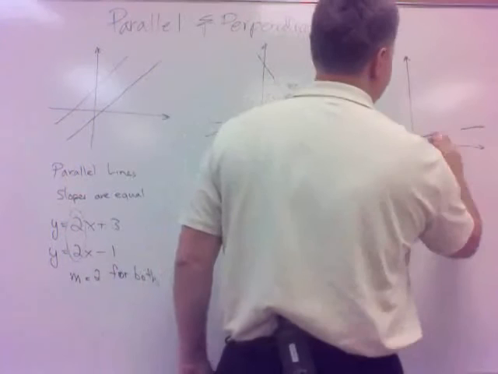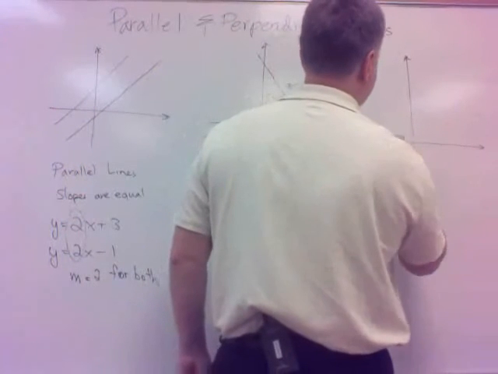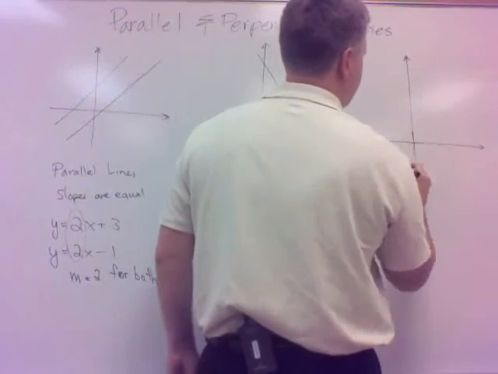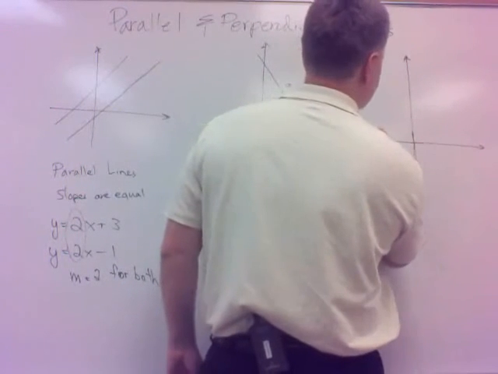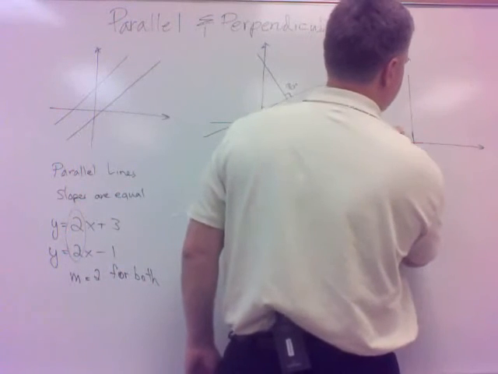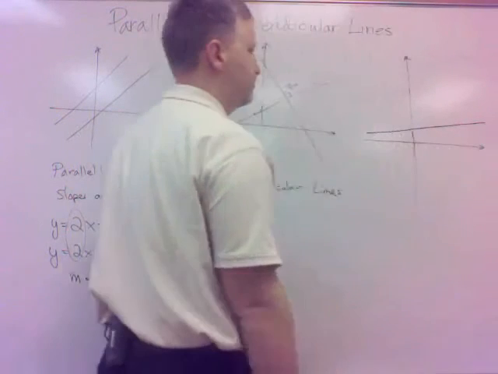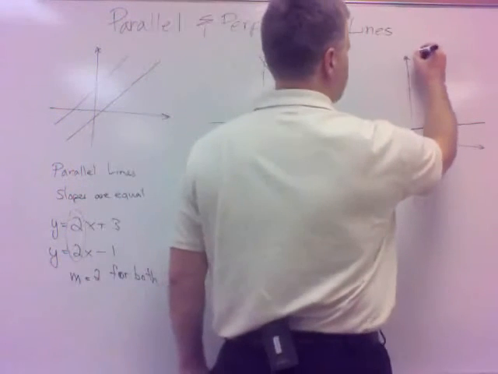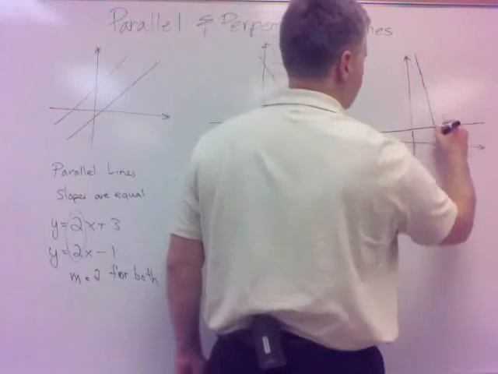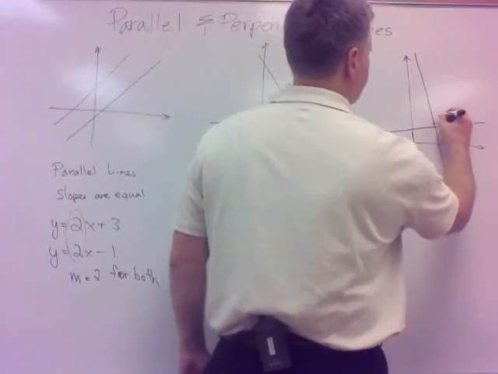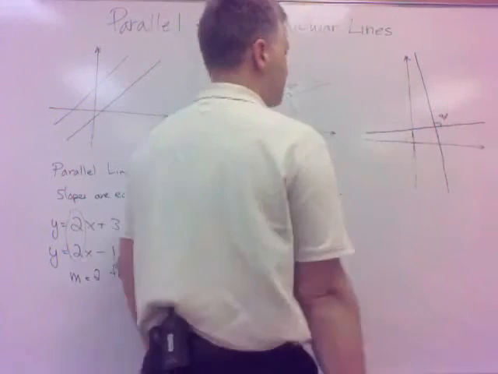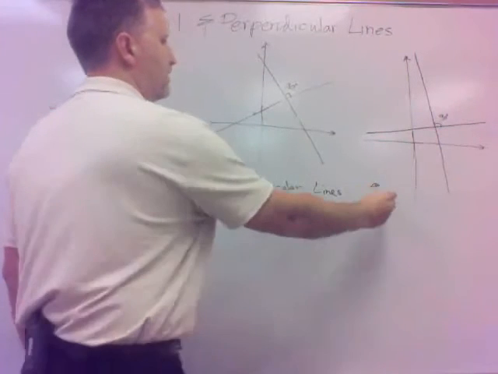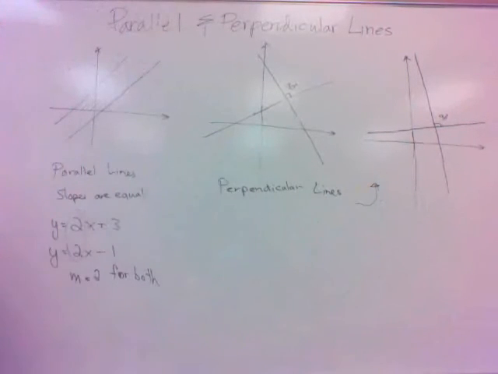Make it even more. What I want to do here is make it really, really, all right, let's say that one's pretty flat there, and then this one has to come in pretty steep. That's what I'm trying to get at here. All right, so those two, another perpendicular set.